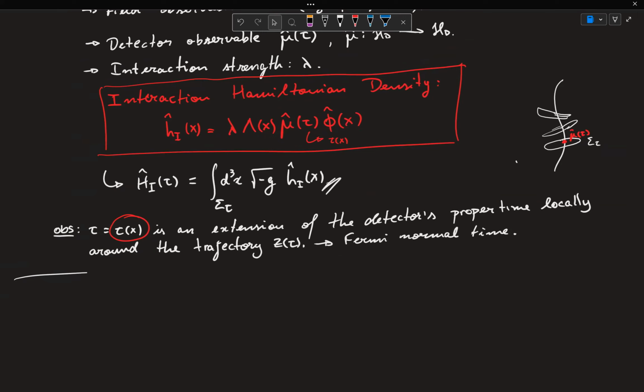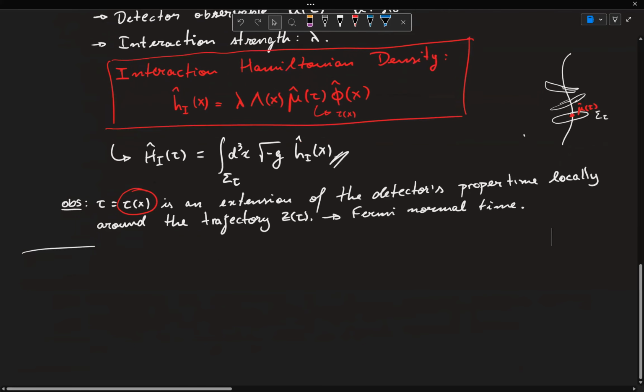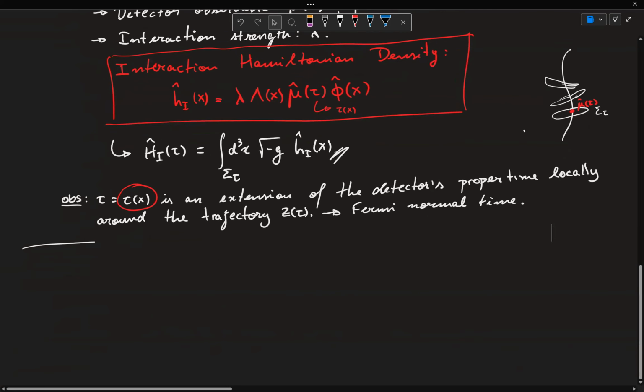Yes, this is one of the things that we're going to talk about in the end, which is why you use the Fermi normal time. I agree that it's natural, but in the end, if the quantum degree of freedom of the detector really were localized only on the time-like trajectory, it shouldn't depend on that.